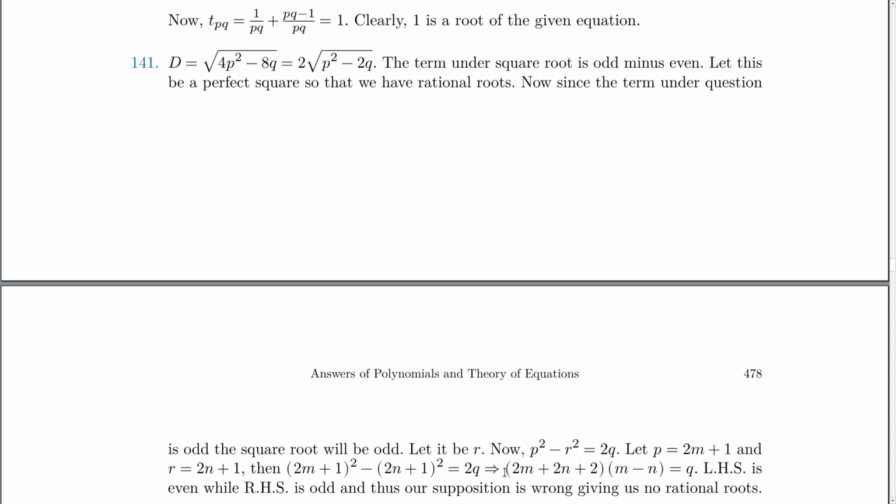And we evaluate this, then 2m plus 2n plus 2 into m minus n is equal to q. Now, this is an even term, and this may be odd or may be even. But this is even, so q has to be even. Therefore, there is a contradiction. So our assumption that D would be a perfect square is incorrect. That is, D cannot be a perfect square, so we don't have rational roots.